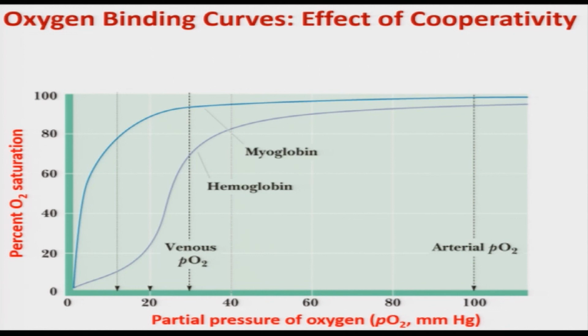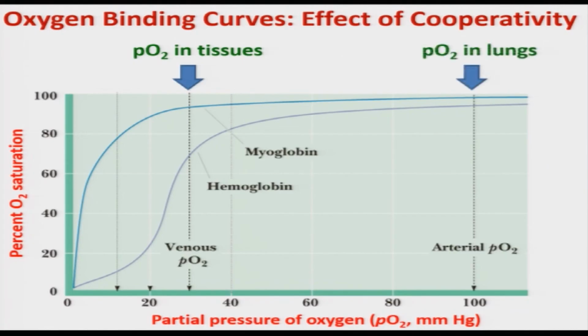Here the percent of oxygen saturation is plotted against the partial pressure of dioxygen, and one can see that the venous partial pressure of oxygen is very low in the tissue. In tissue the partial pressure of oxygen is low, whereas in lungs the partial pressure of oxygen is very high, which is clearly reflected here.